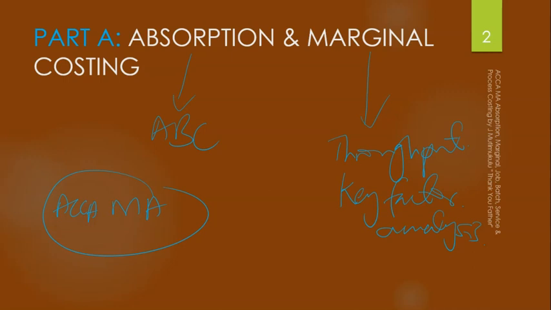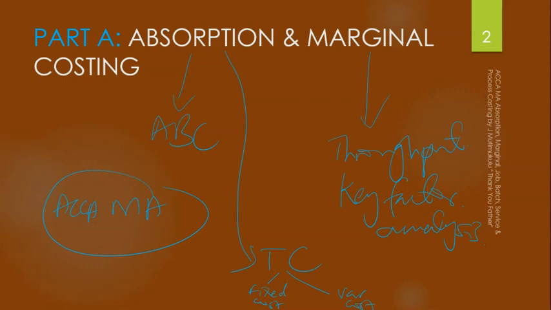You also remember that when we talked of absorption costing in our previous videos, we said that this costing technique is also called total costing. It is called total costing in the sense that it considers both the fixed cost element as well as the variable cost component when we are valuing the cost of production. So it is considered the total cost technique.